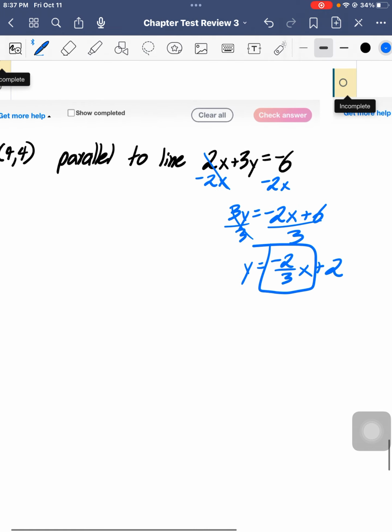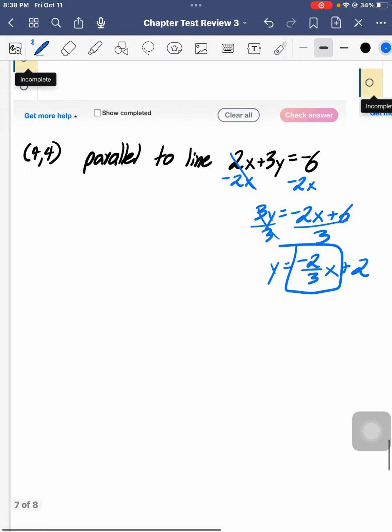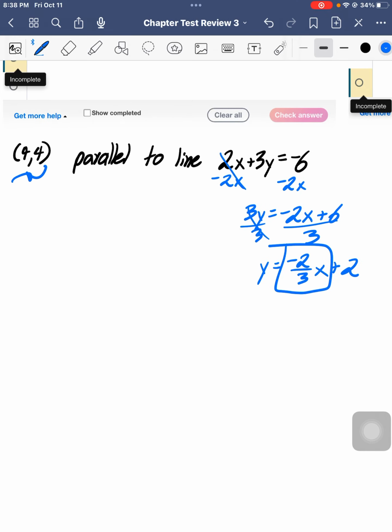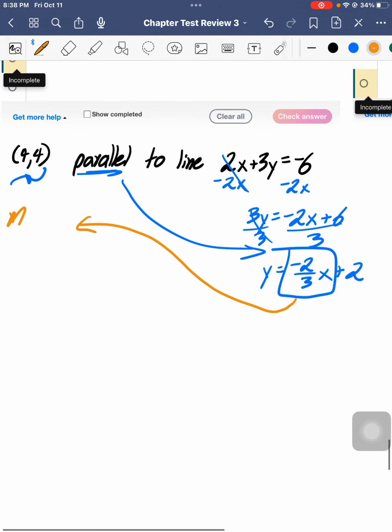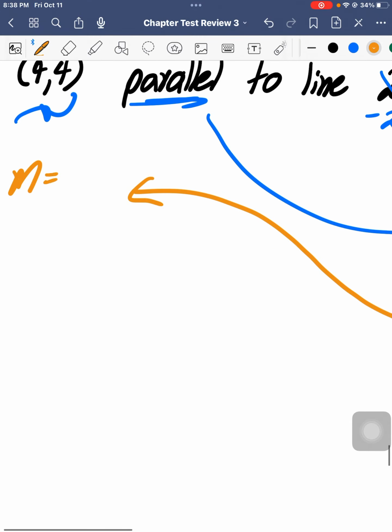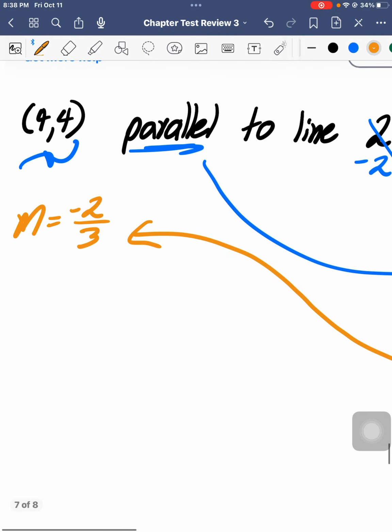So now I know this is the slope of this line, and since this line is parallel to it, the slope for this line as well is going to be negative 2 over 3.